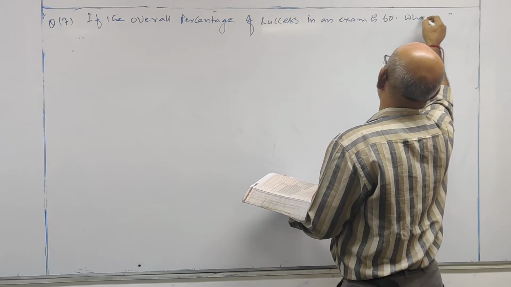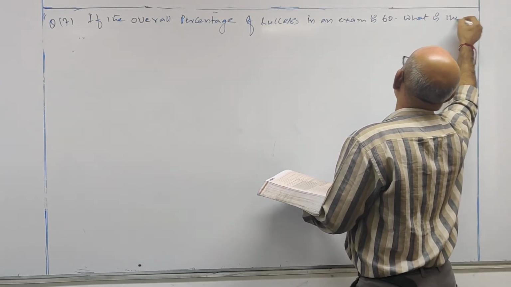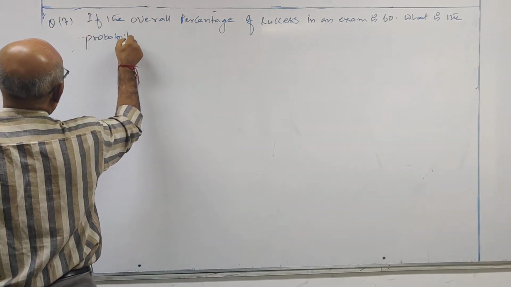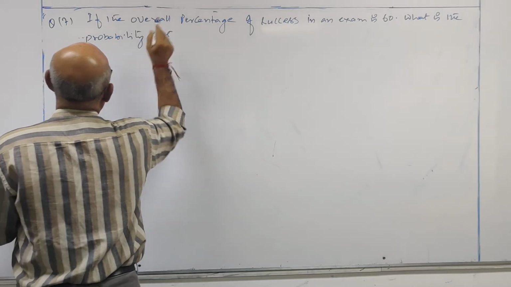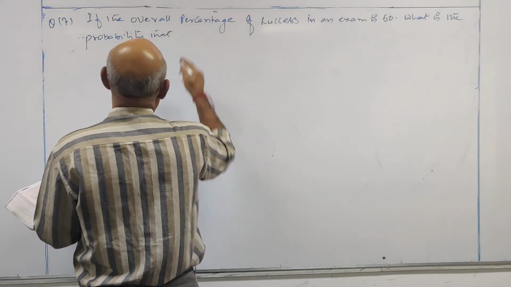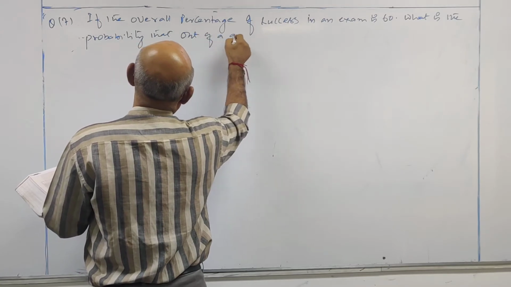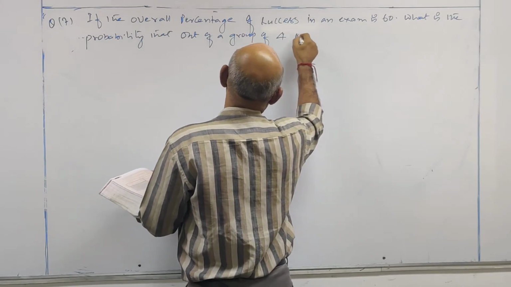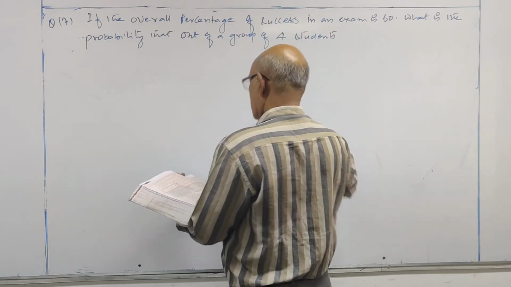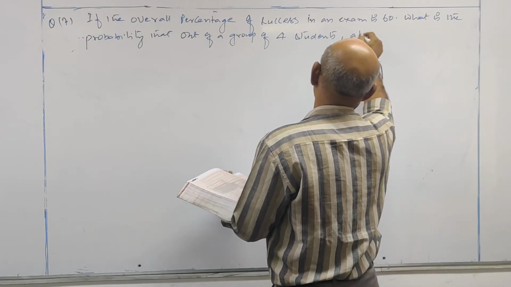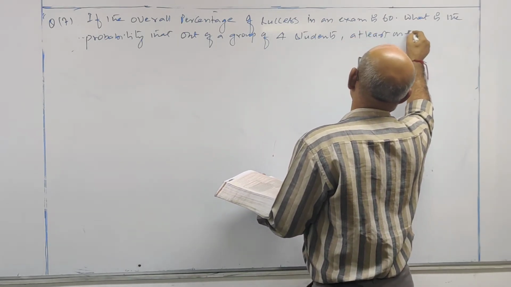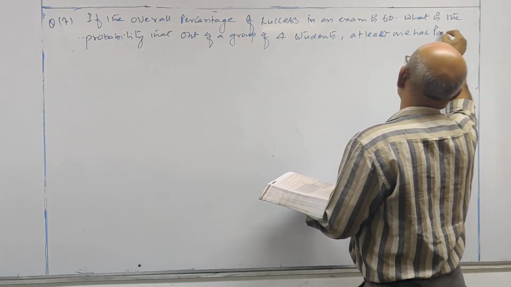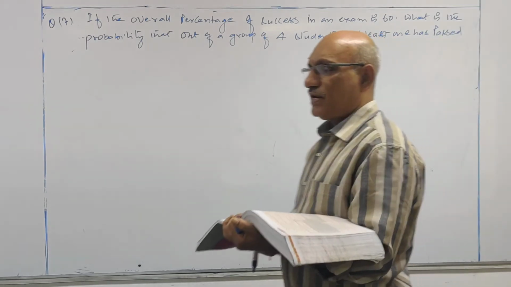What is the probability that out of a group of 4 students, at least one has passed?